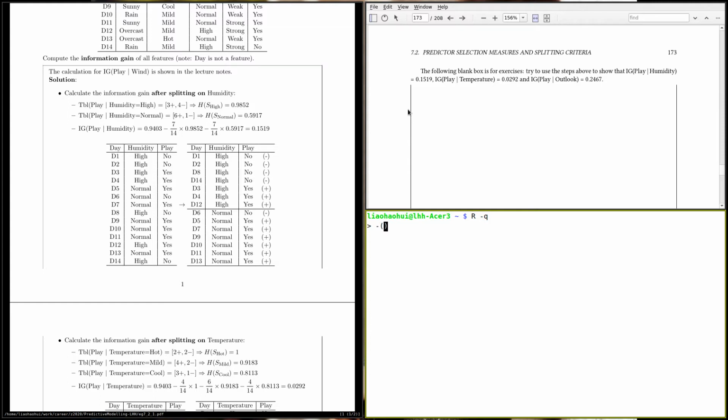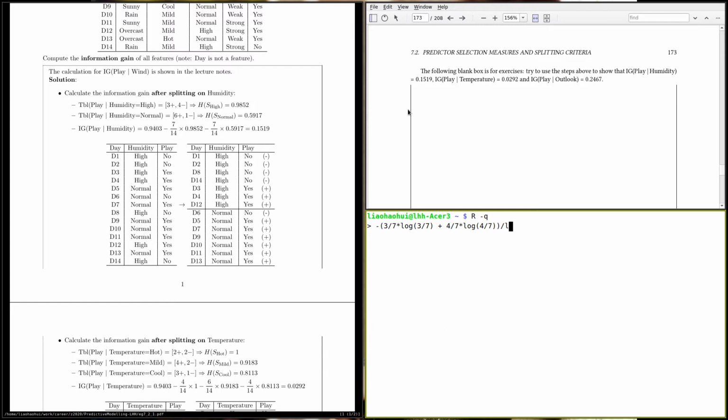Then it's the probability of getting 3 positive, multiplied with log of 3/7, then plus 4/7 multiplied with log of 4/7. Is this the answer?